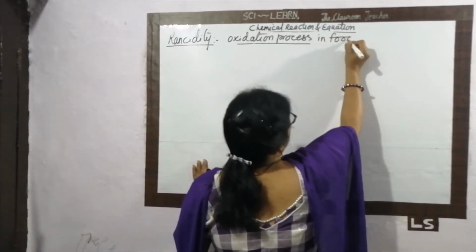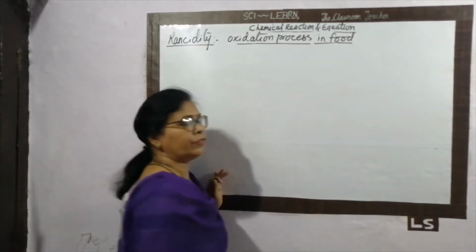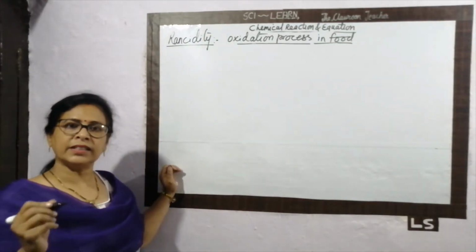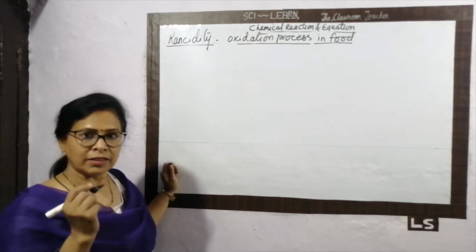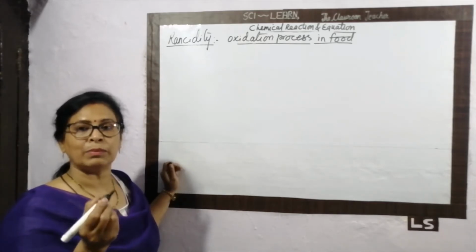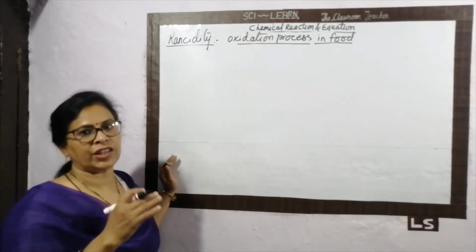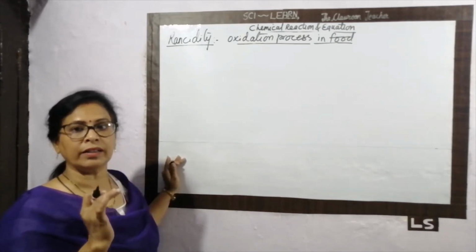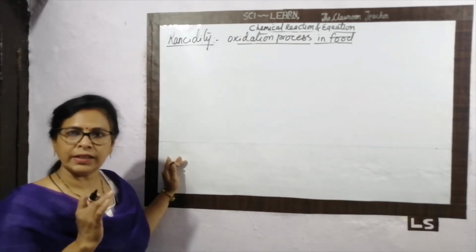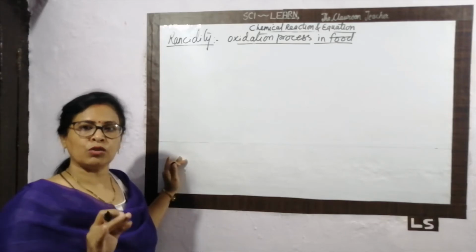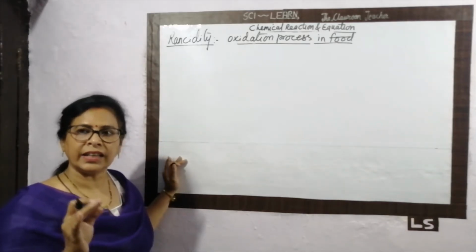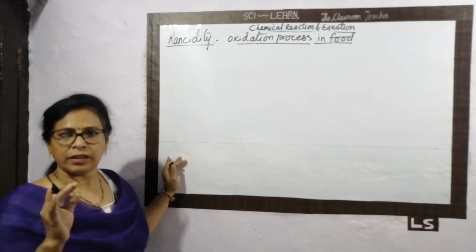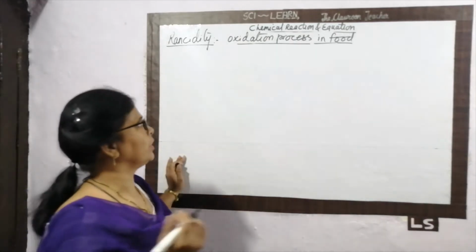Our food gets oxidized, and when the food gets oxidized, certain changes occur in the food. The taste will change, the color will change, the odor, the smell will change. All these changes are included in rancidity. So what is rancidity? It is the process of oxidation in food in which the color, odor and taste of the food are degraded due to oxidation.